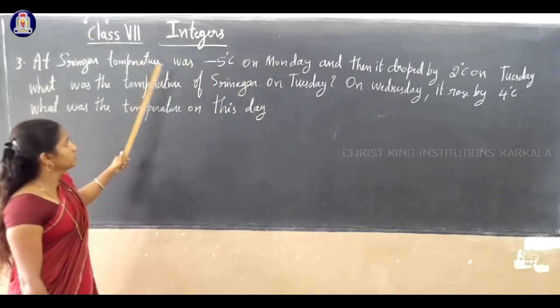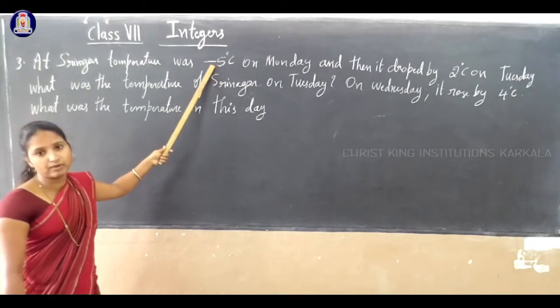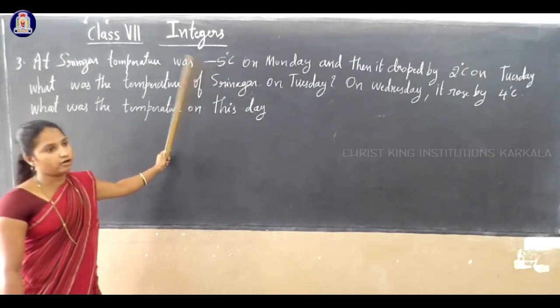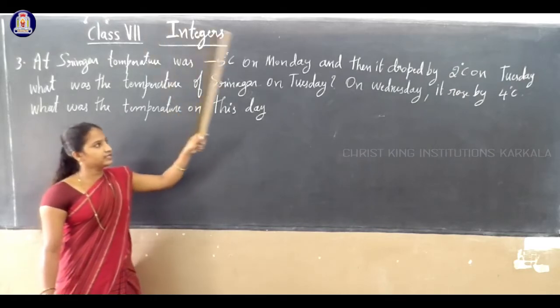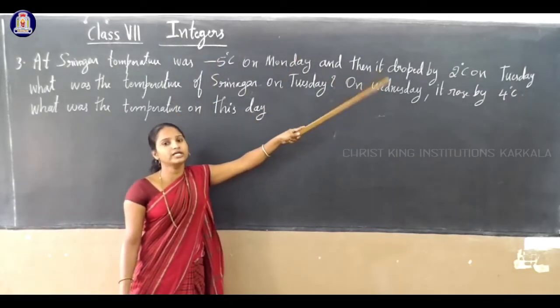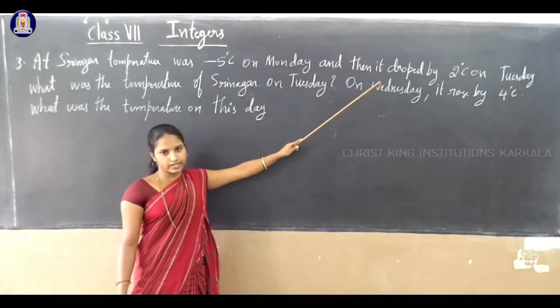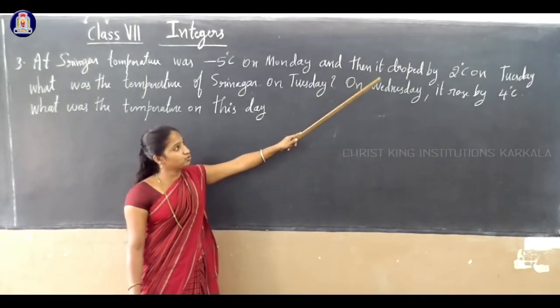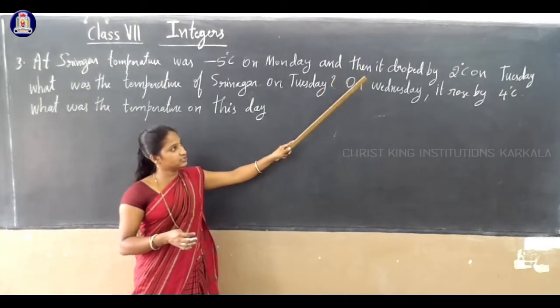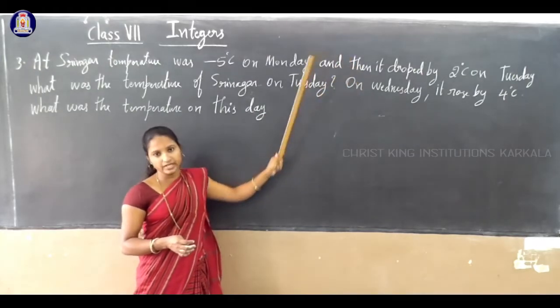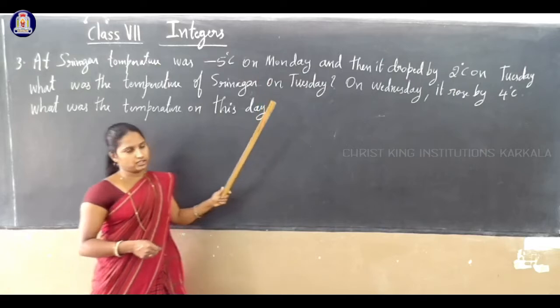See first on Monday the temperature is minus 5 degrees Celsius. Then its temperature is dropped by 2 degrees Celsius on Tuesday. Tuesday what happens? The 2 degrees Celsius is drop, means decreasing. Clear? Minus 2 degrees Celsius. Drop means minus 2 degrees Celsius. Clear?